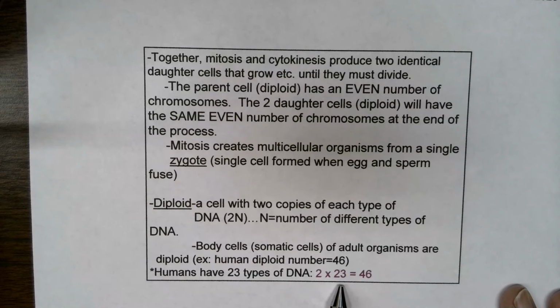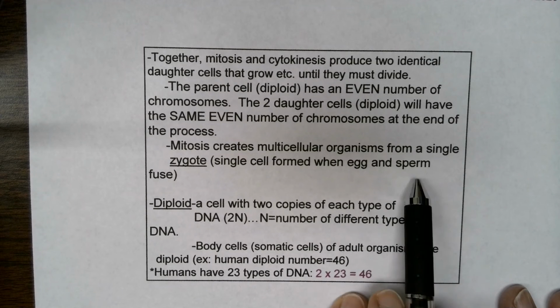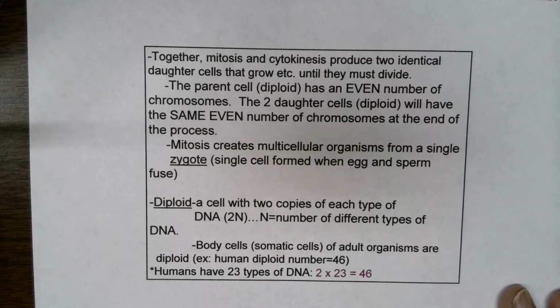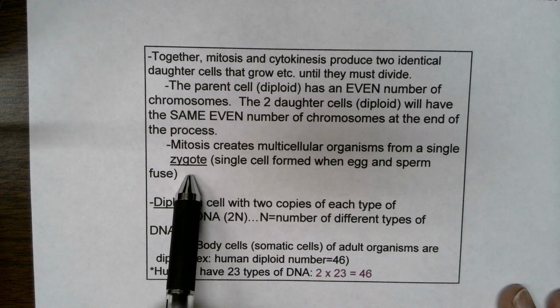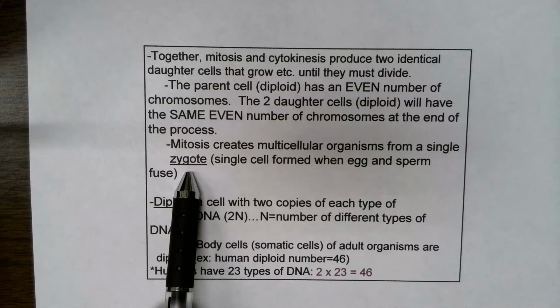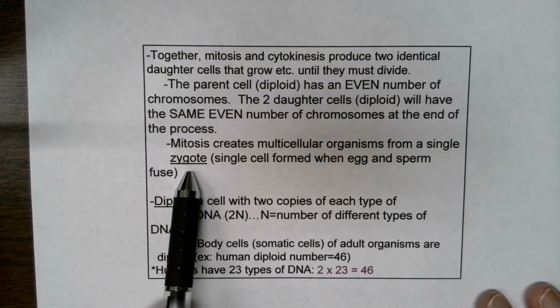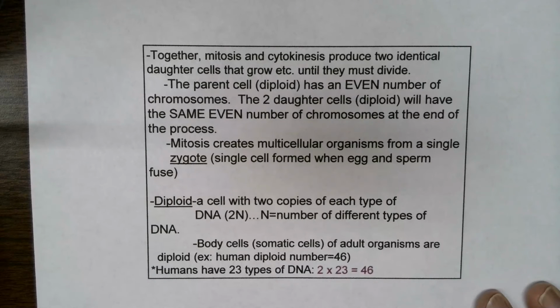You got 1 copy from your mom, you got the other copy from your dad, for your total of 46. Mom gave egg, dad gave sperm, those fuse, you get a zygote, that zygote grows and divides by mitosis. And every new cell that's formed is going to have 46 chromosomes in it, again, assuming it's a normal chromosome number. We could talk about some other chromosome numbers in other organisms, and we will at some point in time.